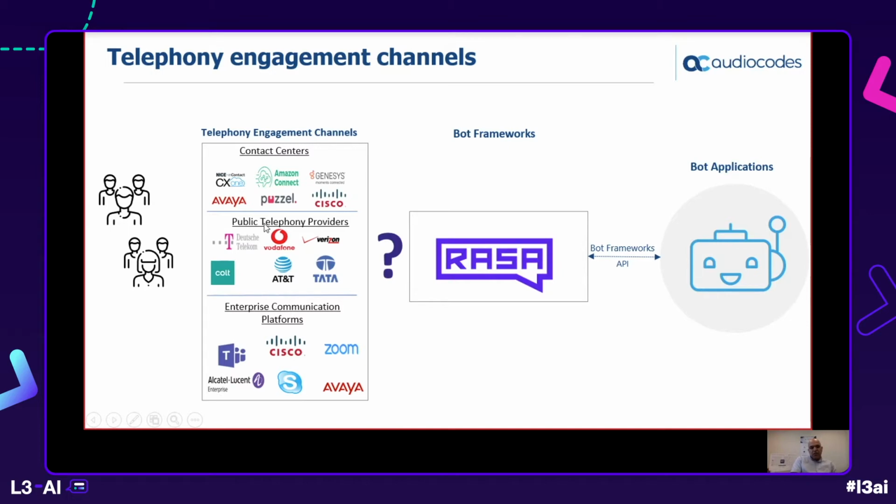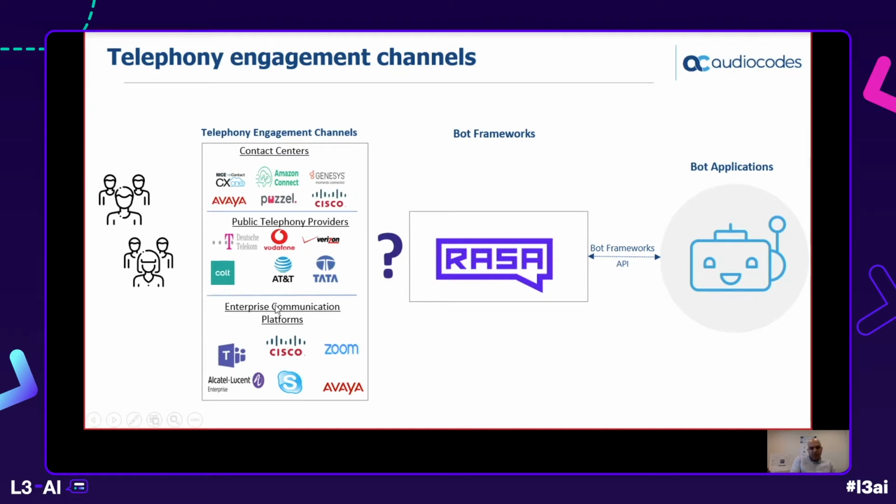And then if you're dealing with a large enterprise, these large enterprises usually use contact centers. Contact centers are systems that receive the incoming calls from the service providers, manage the queues, manage the agents, the IVRs, and in case there is a contact center, you will be required to integrate with it.